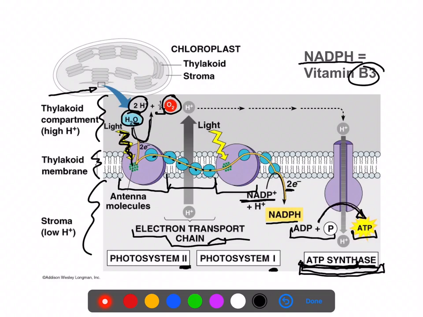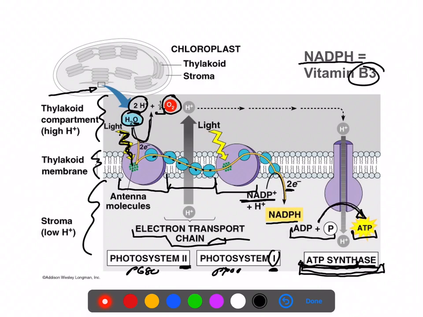And then those electrons that were picked up by the primary electron acceptor are then moved through the electron transport chain, and they end up here in photosystem number 1, also known as P700. So remember, this was P680. This one is P700. The P stands for peak. So photosystem 2 likes a peak wavelength of 680. Photosystem 1 likes a peak wavelength of 700.